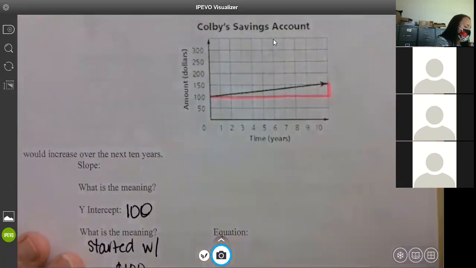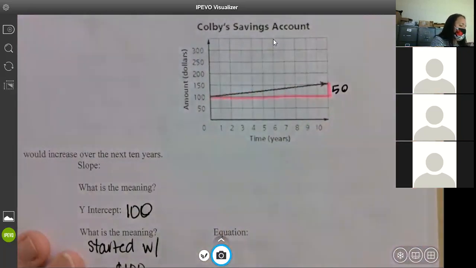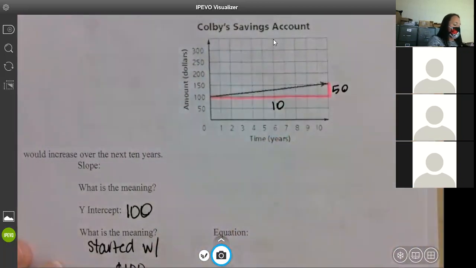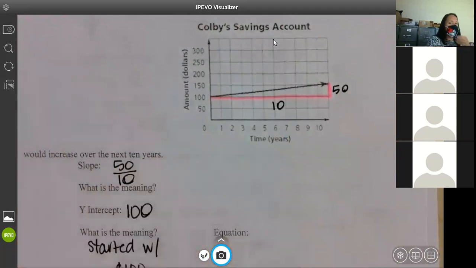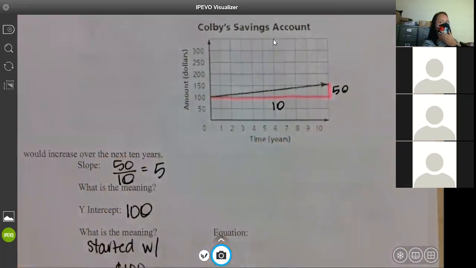To find our slope, remember we do our rise over our run? What was our rise? From 100 to 150 is 50? How far did we go? So rise 50, run 10. Is it positive or negative? Positive. Because it's going up. When we reduce it, we get 5.